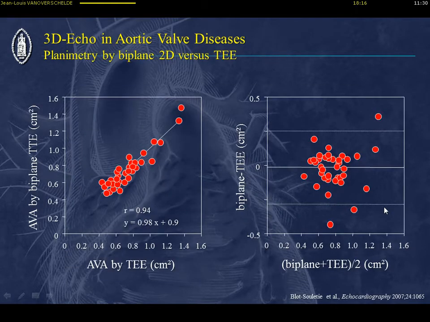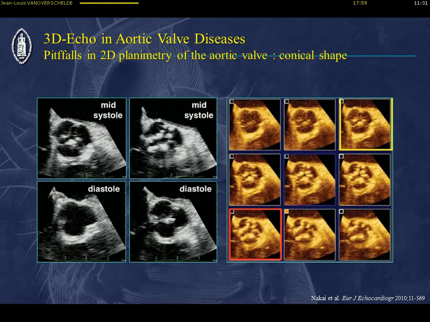And it has been shown that if you do so, the comparison between the biplane TT and the TE is quite good and allows you to do this evaluation by three-dimensional transthoracic echo.